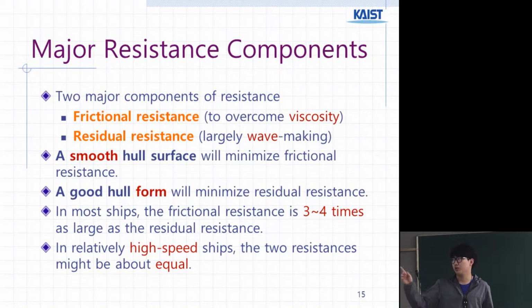In two cases. And to compare the two resistances, in most ships the frictional resistance is 3 to 4 times as large as the residual resistance. But in relatively high-speed ships, do you know an example of high-speed ships?